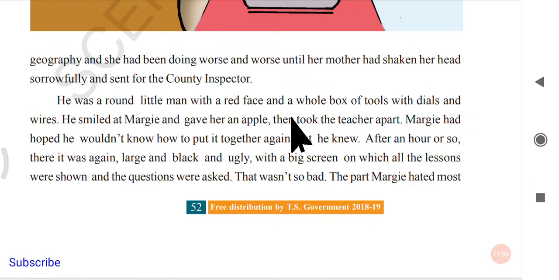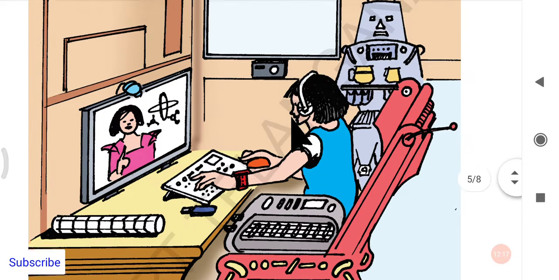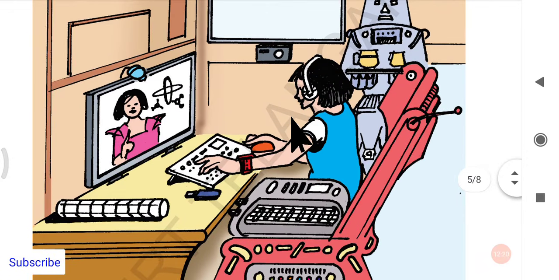So when Tommy said that the book they found is about school, Margie didn't like that word because she doesn't like schooling. So why? There is a specific reason. The reason is the mechanical teacher, the technical instructor in the computer.